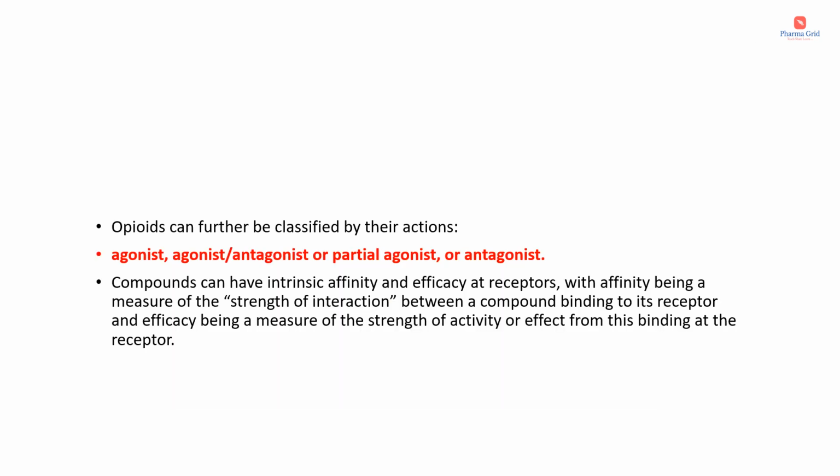Opioids can further be classified by their actions. Based on their actions, opioids can be classified into agonist, agonist-antagonist, partial agonist or antagonist.